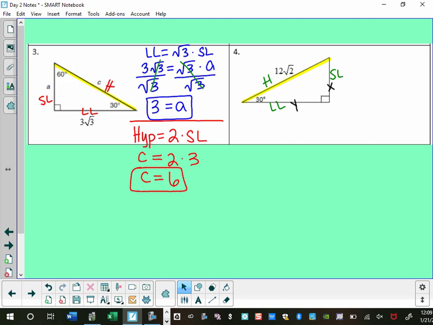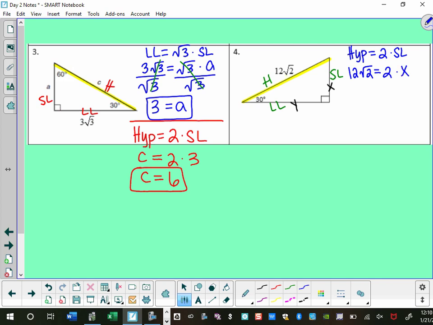What do we want to start with? The hypotenuse. My equation for the hypotenuse is 2 times the short leg. I got 12 root 2 is equal to 2 times x.